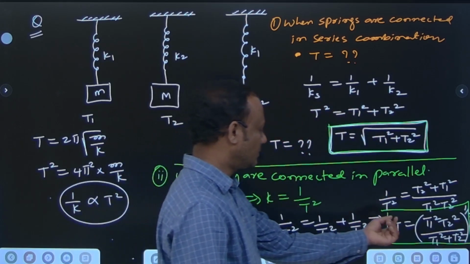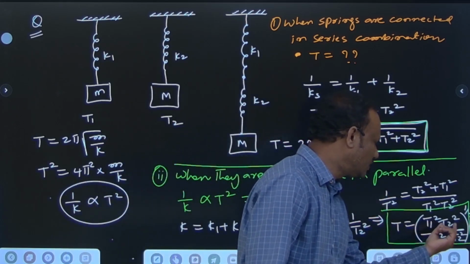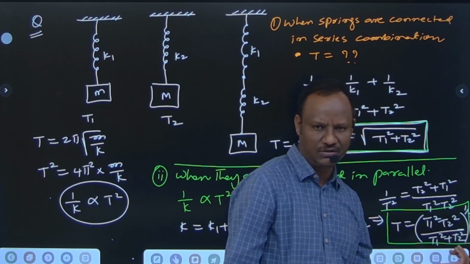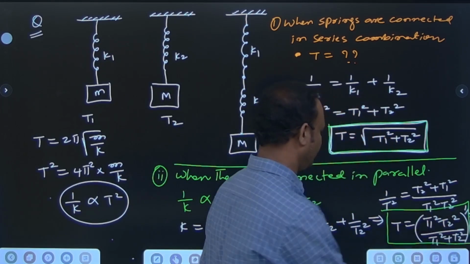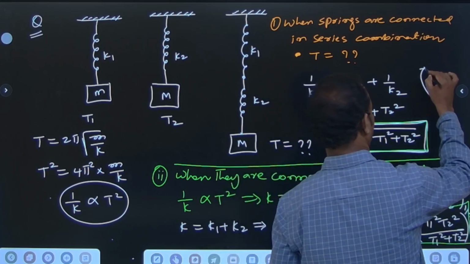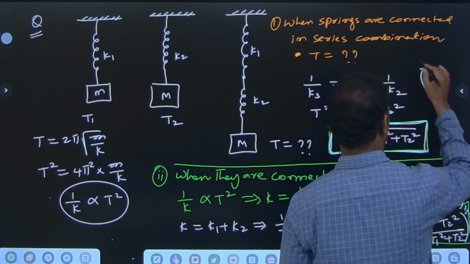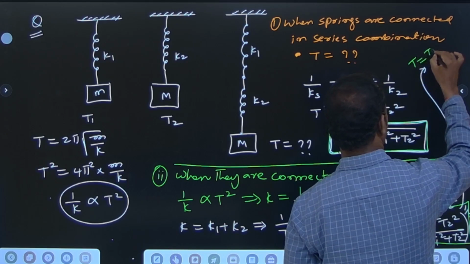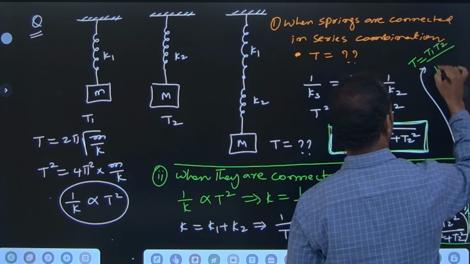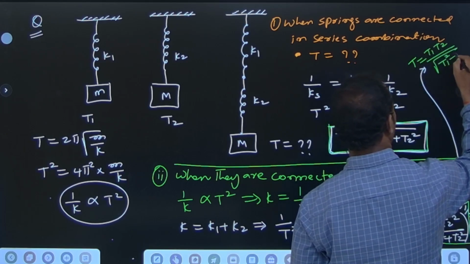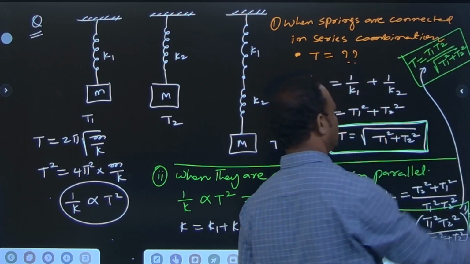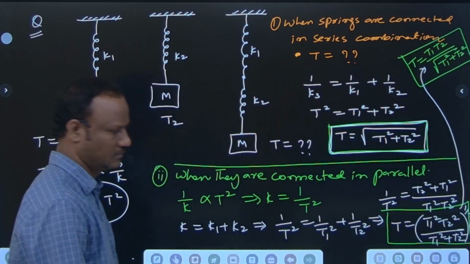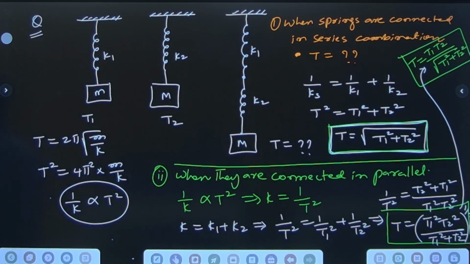Sometimes it may also be given as T is equal to T1 T2 by square root of T1 square plus T2 square. We can also write it like that.